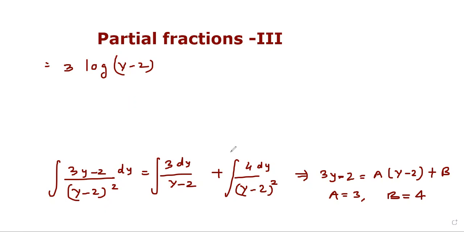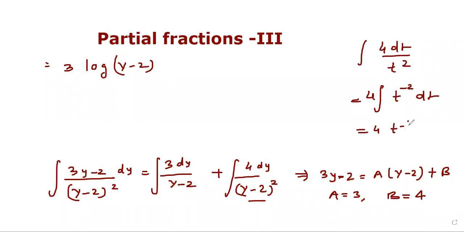for the second term here we can put y minus 2 equal to t, then dy equal to dt. So we will get integration 4 dt divided by t square, that will become 4 times integration t power minus 2 dt, and that will give 4 t power minus 1 divided by minus 1, that is minus 4 upon t, where t equals y minus 2.